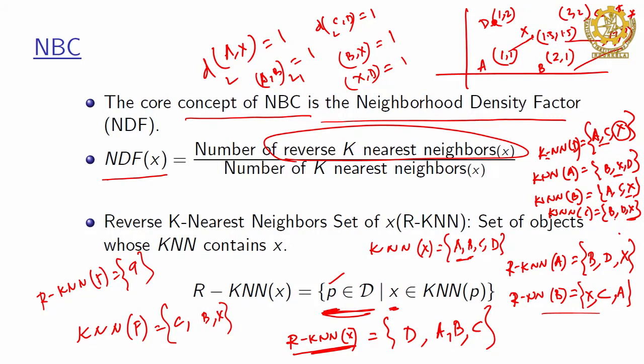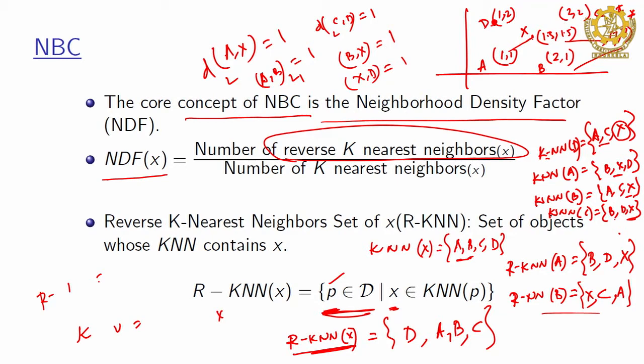Now, we come back to our discussion here. Is it so? Oh, then D should be included, 6 plus 5 is 11. So, D should also be included. So, the KNN will have 4 points, but the reverse KNN will be null.